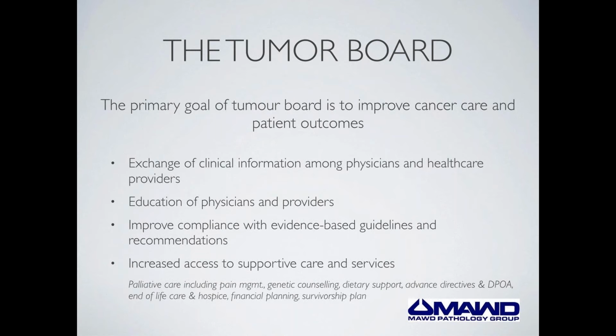I think the tumor board serves as a great forum to educate members on the most recent evidence-based guidelines on screening, diagnosis, staging, treatment, and follow-up of cancer patients. At our hospital, for example, we use NCCN guidelines in combination, of course, with recommendations of specialty medical societies, some of the prominent ones of which are the American Society of Clinical Oncology, or ASCO, and the College of American Pathologists, or CAP.